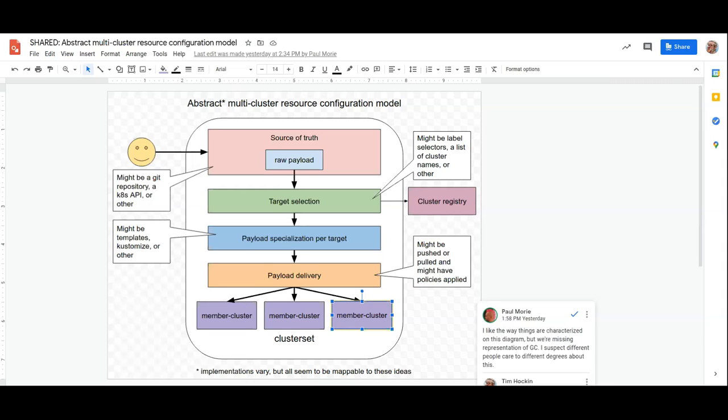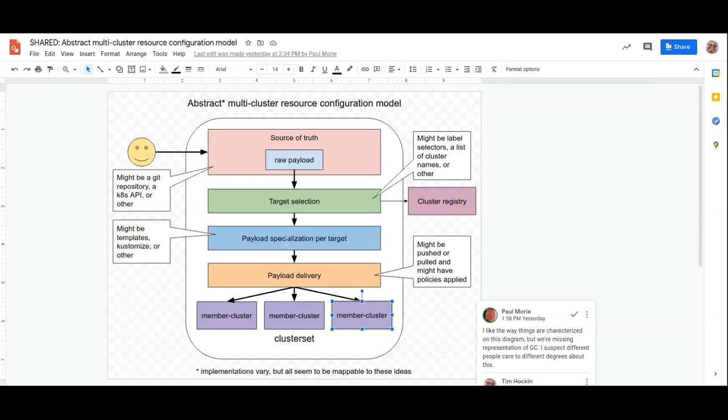That's the part I'm struggling a little with. Assume my source of truth is Git, I could just check in a chart or a reference to a chart, and say I expect the foobar chart to be on all of my clusters. And the expansion of the foobar chart could happen all the way down in the member cluster.